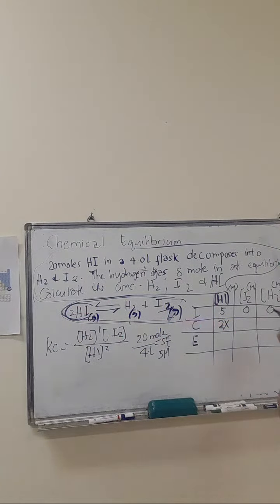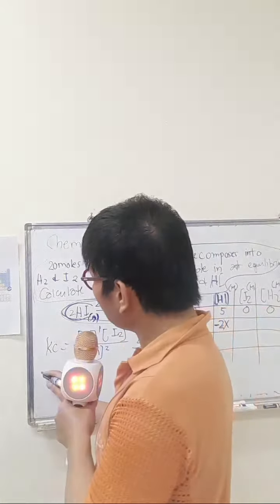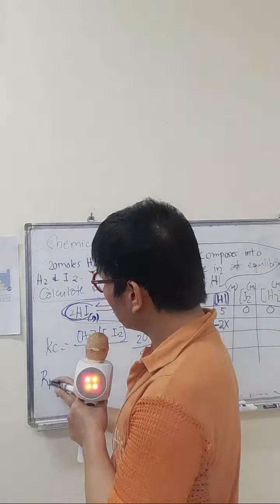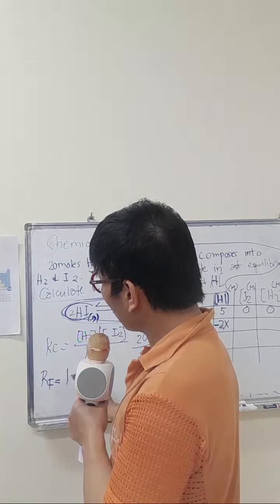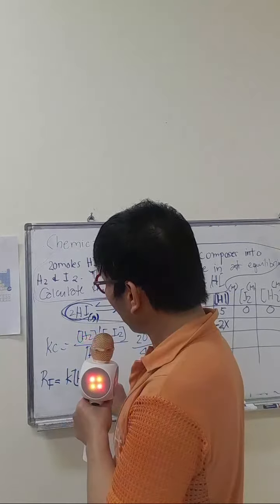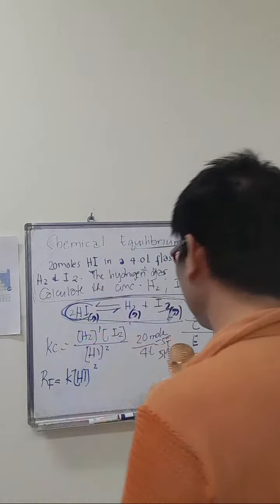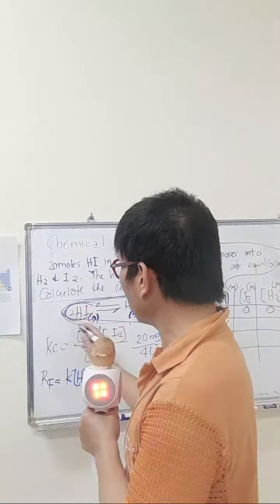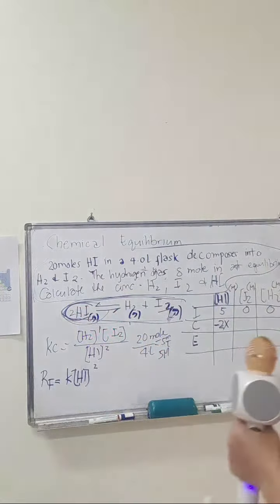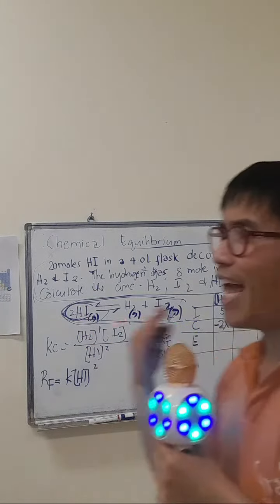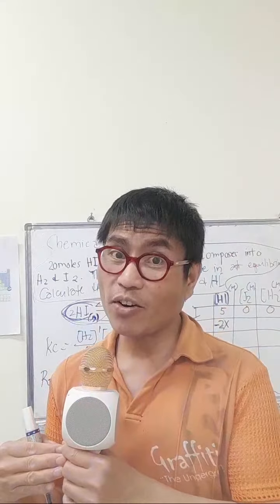It is negative 2x, because by the theory, the rate of the forward reaction is equal to the equilibrium constant times the concentration of HI raised to the power 2. Now, the concentration of HI will be reduced, because rate of reaction and concentration are directly proportional with each other.